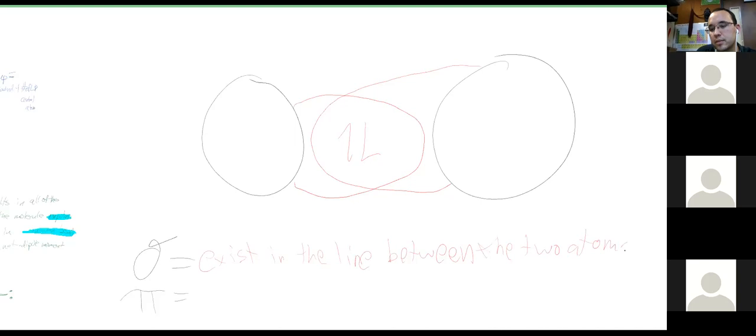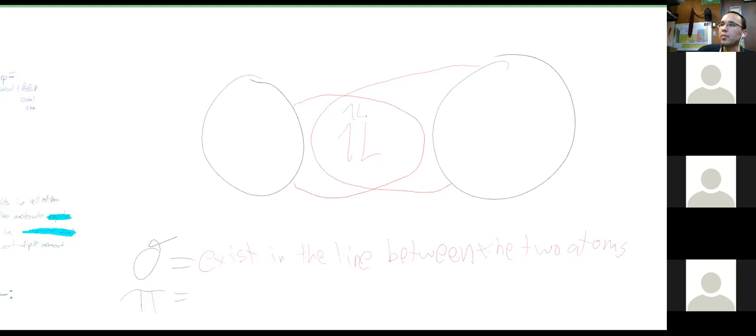Now, when we have a double bond or a triple bond, we need to create another set of orbitals that are going to overlap. Could we just jam more electrons into this space? Do you think that would work?